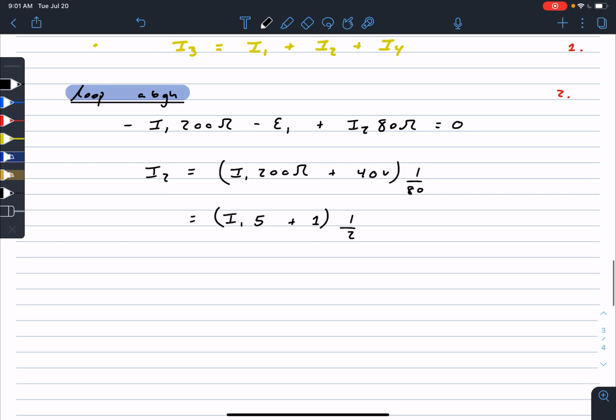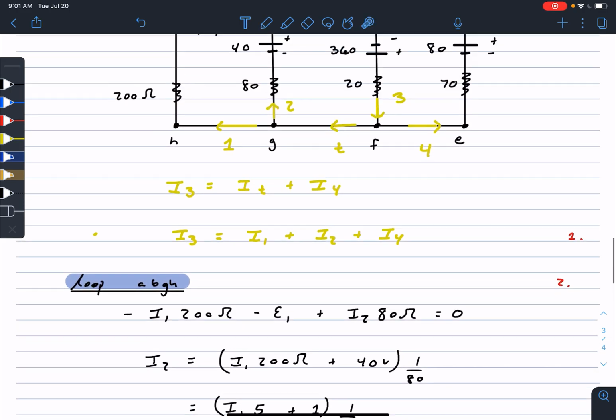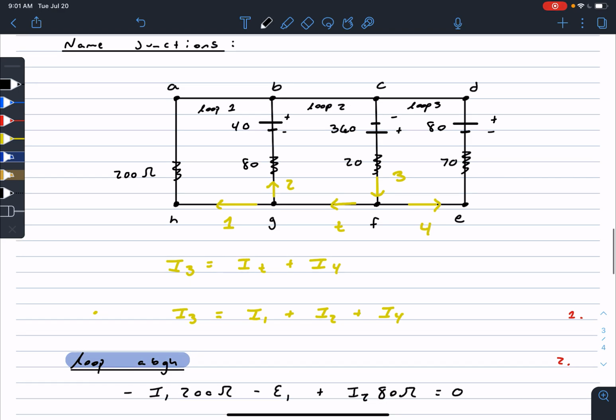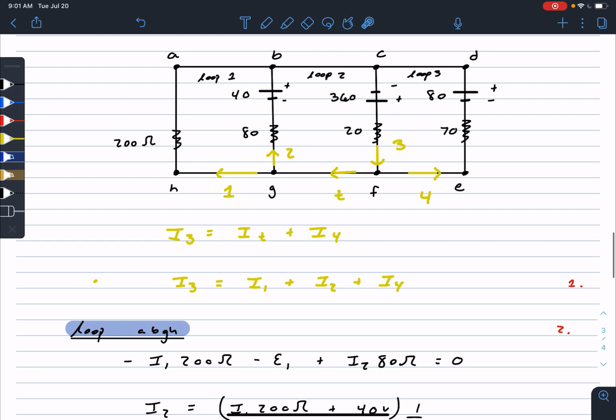So now moving on, let's do another loop. We need another equation. We have 2, we need 4. So let's do B, C, F, G. And then we will go around similarly to how we did before. So starting here, we'll go with the current through the resistor. That's going to be negative.